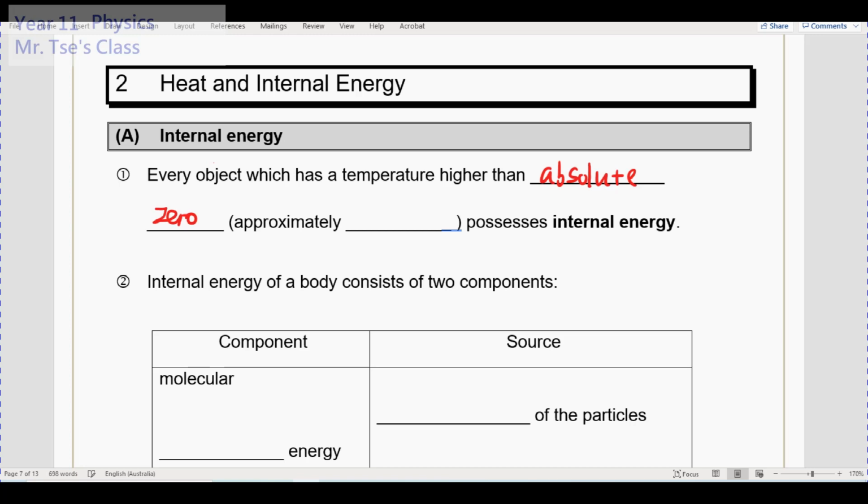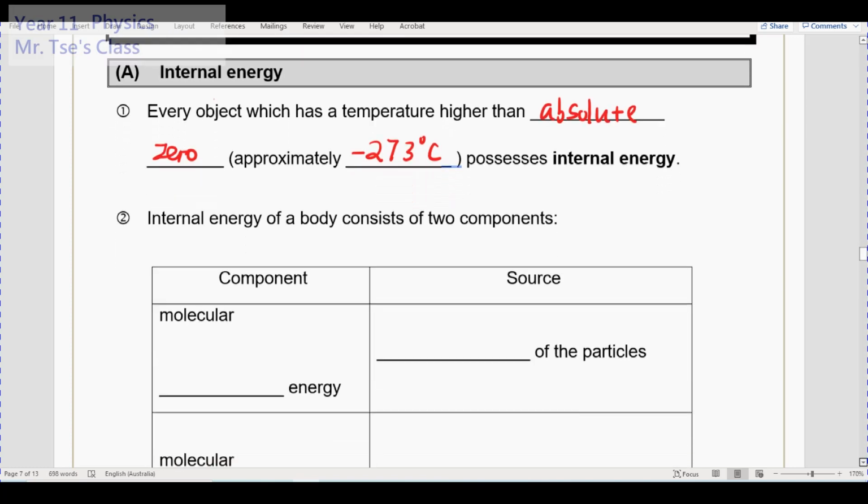Absolute zero temperature means minus 273 degrees Celsius. No object in the universe can reach that temperature. So this is a condition every object will satisfy, because all objects in the universe have a temperature higher than that. That means all objects in the universe will have certain internal energy.